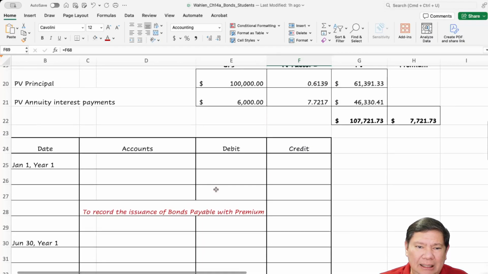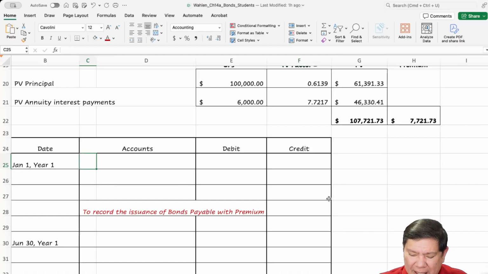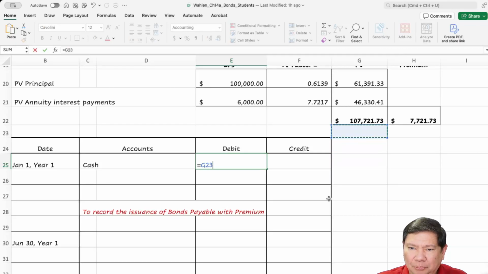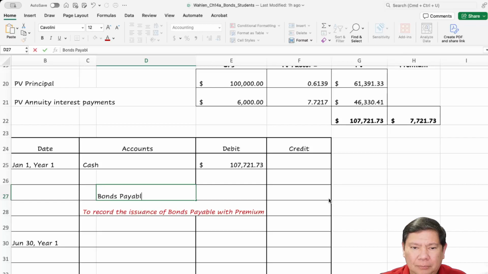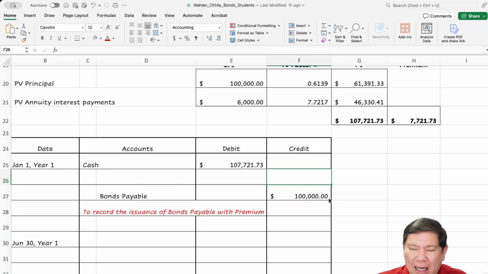When we first issue the bonds, we get cash for 107,721.73. But our obligation, our liability, the bonds payable, is only 100,000. So we get some kind of bonus of 7,721.73 that we call the premium on bonds payable.